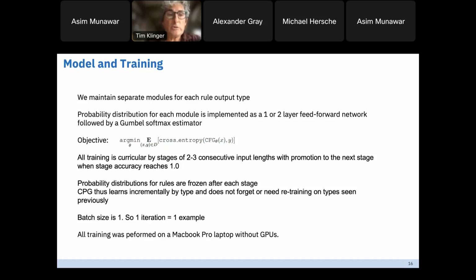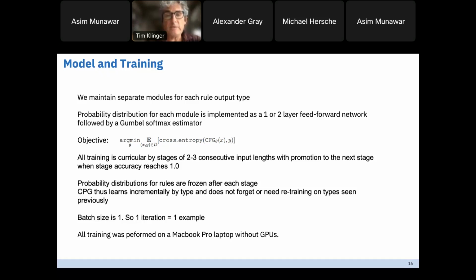Training is interesting. Training is done in a curricular way. We group inputs by input length, either two to three input lengths together, and we only move to the next stage of training when the stage accuracy reaches 1.0, perfect. When that happens, we freeze the rules.